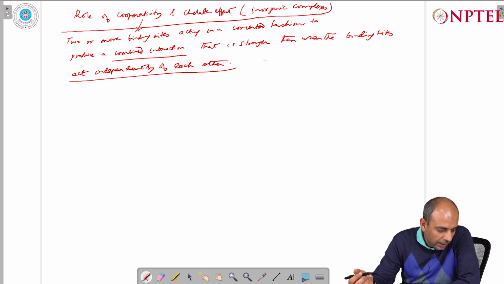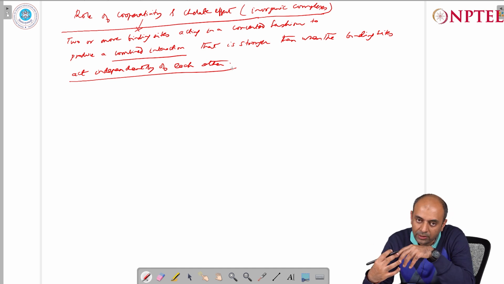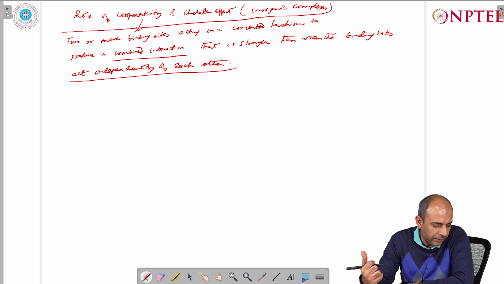So, as I already told you, when you have got two different guests which are going to bind, cooperativity represents the change in the affinity of the host for another guest molecule as a result of binding of one guest molecule. So, once one guest molecule has bound to the host, this activates the host further to bind another molecule, and that is a measure or a demonstration of cooperativity.